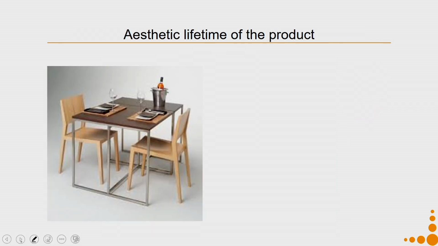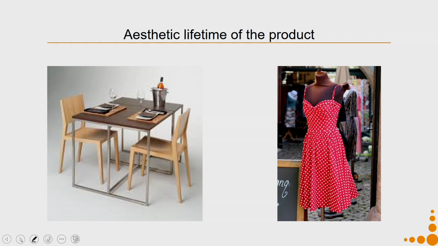Then comes very importantly the aesthetic lifetime of the product. So, about 70% of the product or more of our products that we use are discarded before the end of their lifetime because they are no longer in fashion. Say for example, if you compare this dining table versus this cloth, the cloth has much shorter aesthetic lifetime as compared to the dining table.